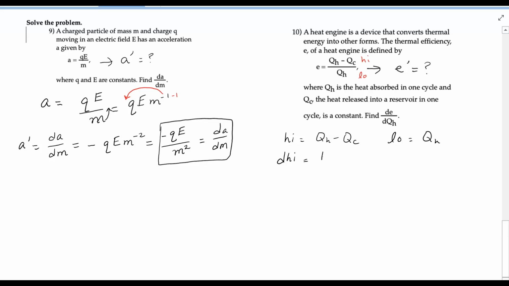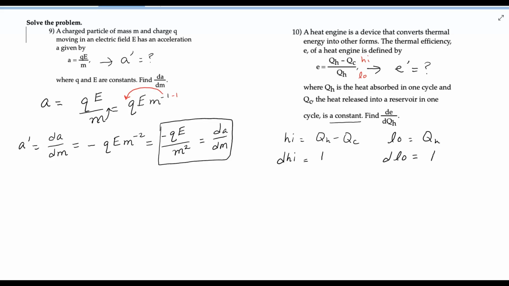So the derivative of Q sub H is just 1 there. Q sub C is going to be 0 because it's a constant. They told us it was constant back over there. So d low is just going to be 1, because it's the derivative of that single variable, like x again.